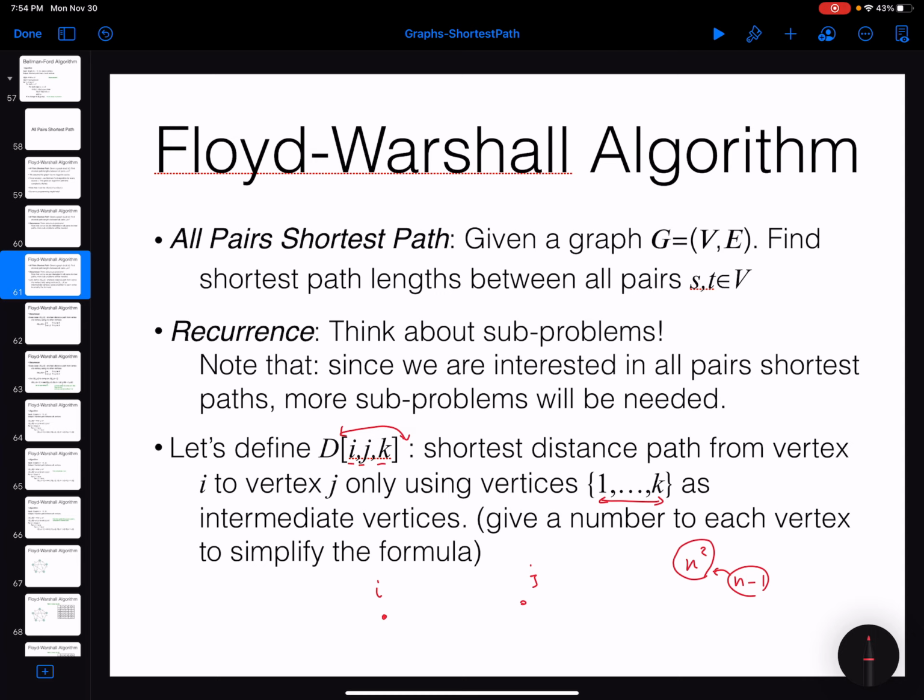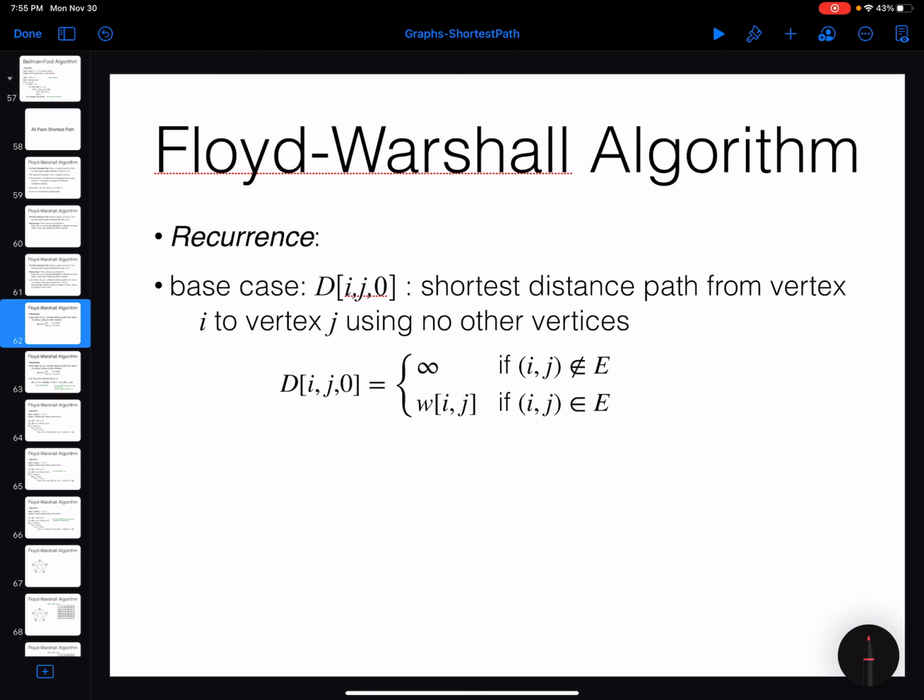You cannot use the other vertices. If I show it to you over some example, I'm sure that's going to be more clear. But let's just think about the recurrence relation.